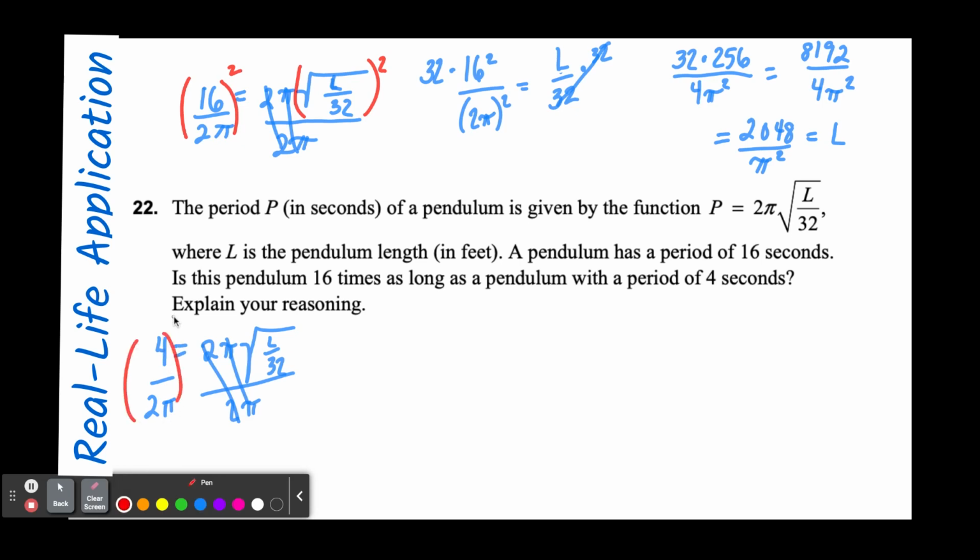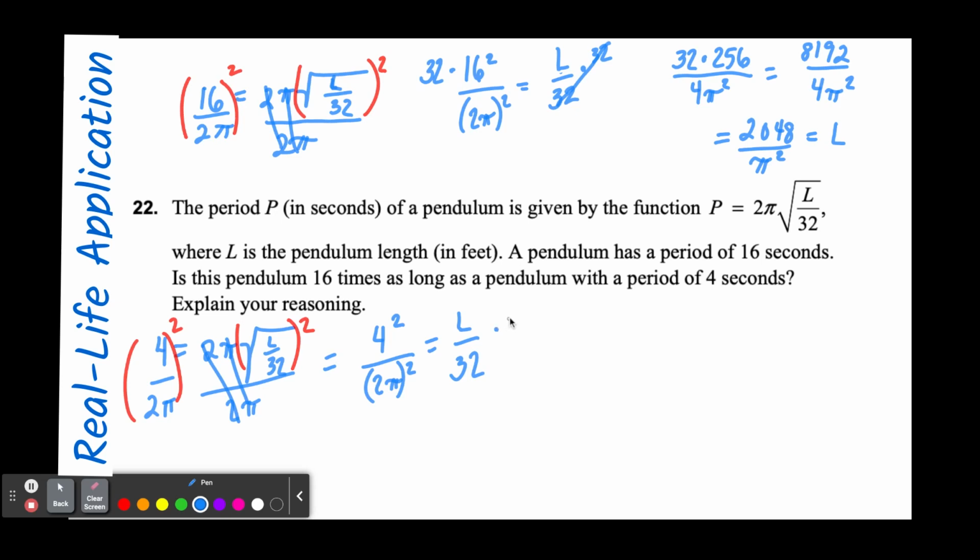Squaring what's left, I hope this doesn't confuse you that I'm combining steps here, we'll get 4 squared over this 2 pi quantity squared equal to L over 32.